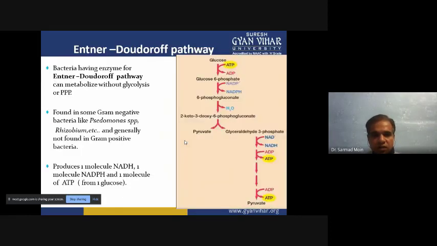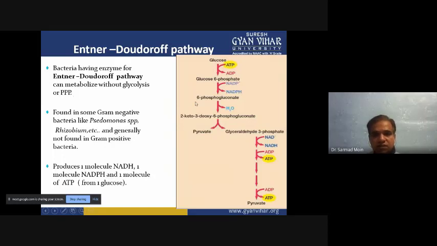Okay. Then the second important pathway is the Entner-Doudoroff pathway. So the Entner-Doudoroff pathway also utilizes glucose and converts it into pyruvate. Bacteria having enzymes of the Entner-Doudoroff pathway can metabolize without the glycolytic pathway.